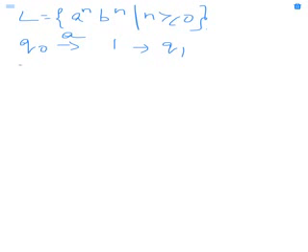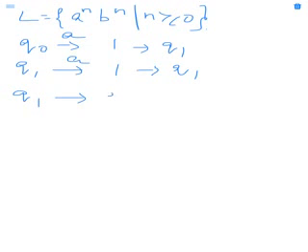In Q1, if A is encountered, 1 will be pushed onto the stack with no change in state; it remains in Q1 itself. And when does it change the state? From Q1 to Q2, the state change happens when it encounters the input symbol B, and on the stack you need to pop the current top symbol.